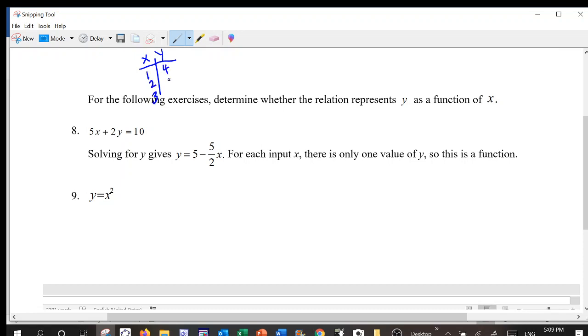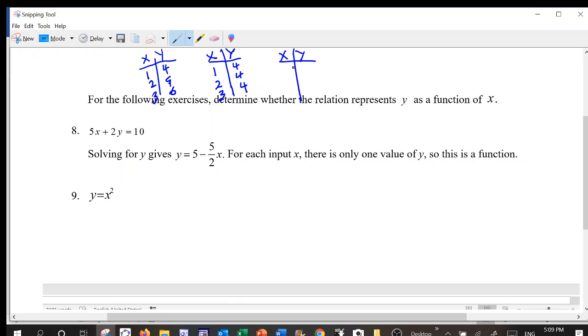For example, this is a relation, right? So 1 is related to 4, 2 is related to 5, 3 is related to 6. And this is another relation. In this relation, we have 1, 2, and 3, and then we have 4, 4, and 4. And then here is another relation.